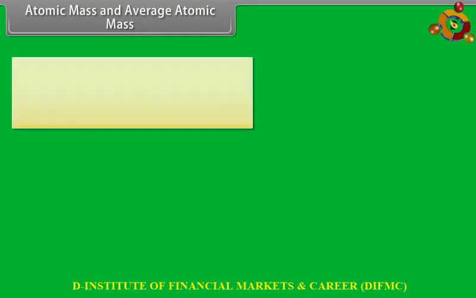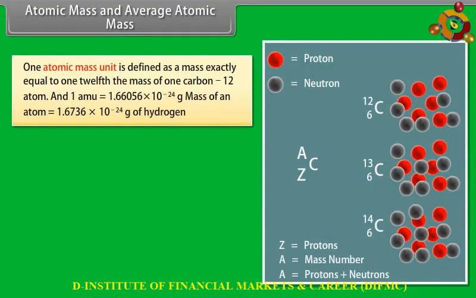Atomic mass and average atomic mass. One atomic mass unit is defined as a mass exactly equal to 1/12 the mass of one carbon-12 atom. And 1 amu is equal to 1.66056 × 10^-24 gram. The mass of a hydrogen atom is equal to 1.6736 × 10^-24 gram.